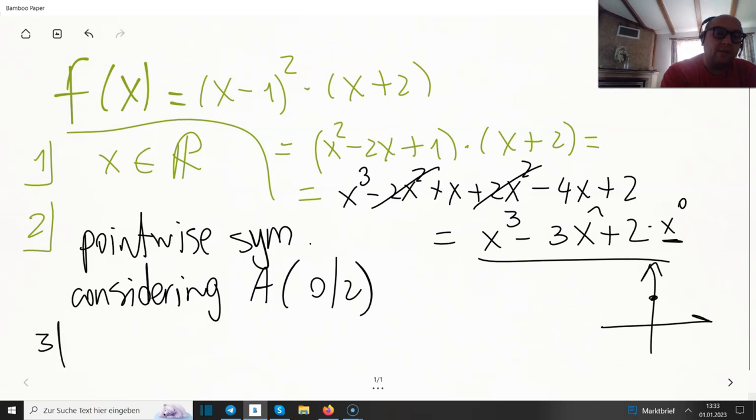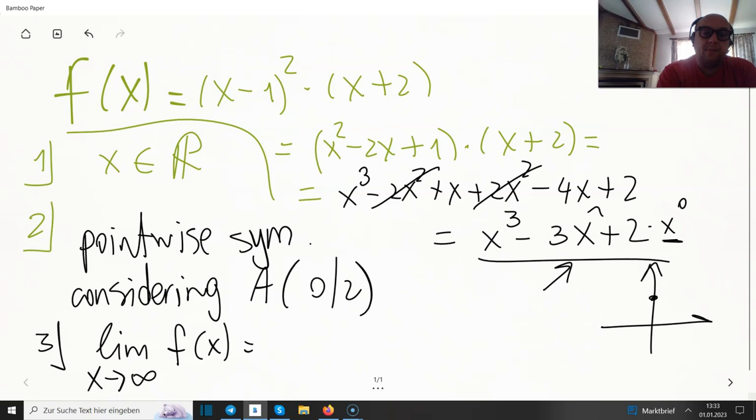What about behavior towards plus or minus infinity? We'd rather consider this form of f of x. As you can see, the strongest power in this case is 3. If x is running towards infinity, x cubed is also running towards plus infinity.